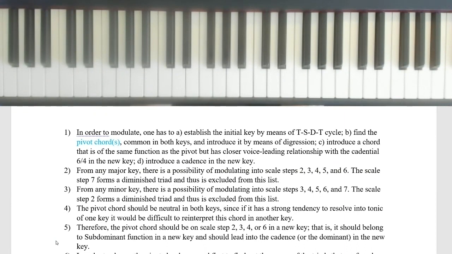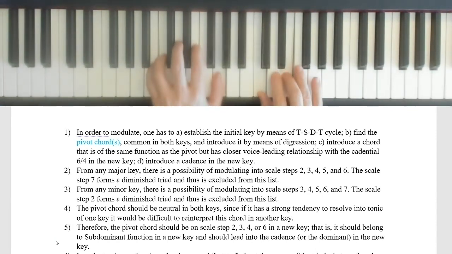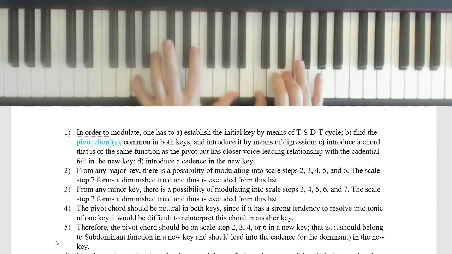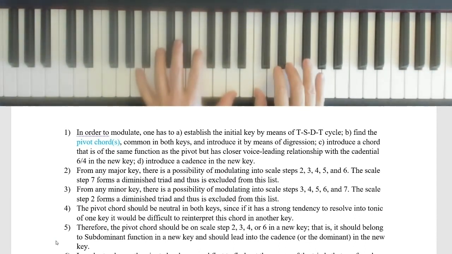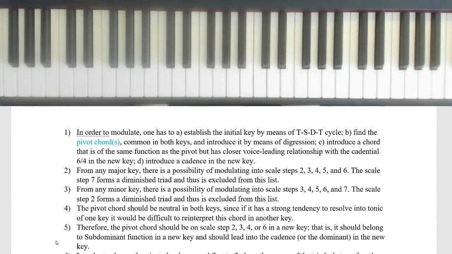For example, if you have to use the scale step 6 triad, the submedian triad, as a pivot chord, I suggest that you reach that like this, by a beautiful optimal voice leading pattern, a digression from tonic to submedian. And then you'll use this chord as a pivot chord.